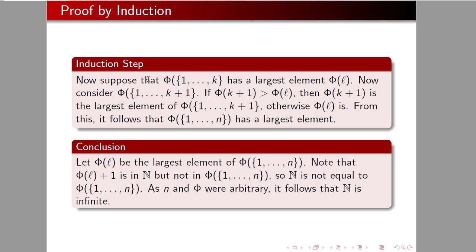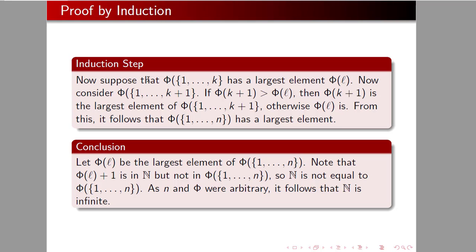Now, how does this prove that the natural numbers are not finite? Well, let any n be given. Let phi of L be chosen so that phi of L is the largest element of that set, and we've shown it does have one.